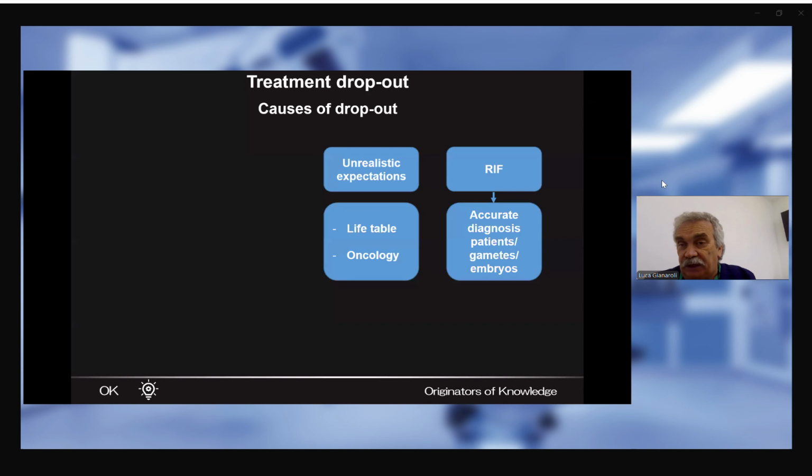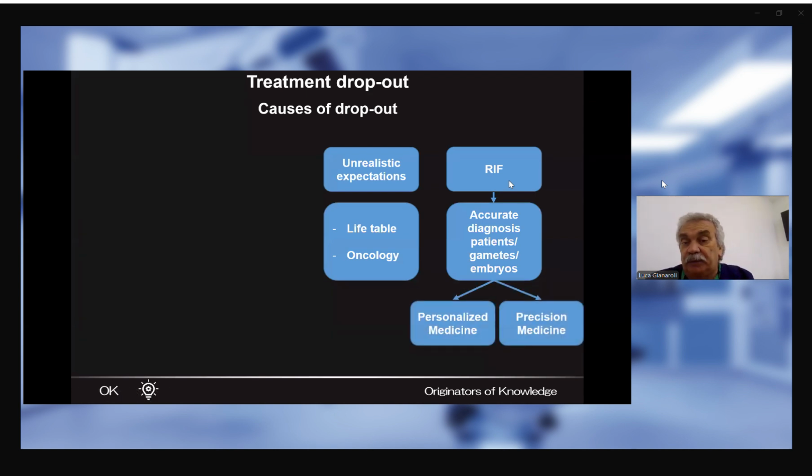And when a patient fails more than once, we should go to a better accuracy in terms of diagnosis, not only for patients, but also for gametes and for embryos. So the point here is that we should investigate the counterpart that plays not just 20-30% of the chance to be successful, but in fact 50%, that is the uterus. And the only way we can work on the uterus is to look inside the uterus.